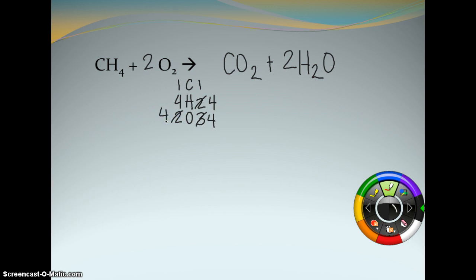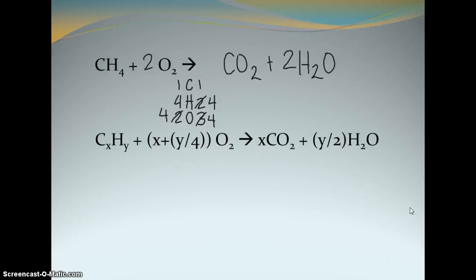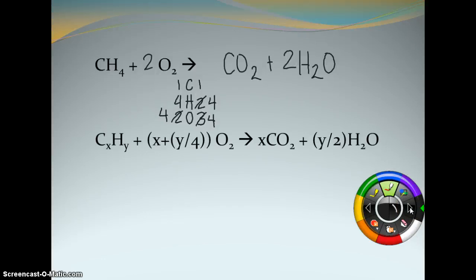There is a formula. This only works for the ones that are hydrogen and carbon, hydrocarbons, with no oxygens in that compound. If you take the subscript in your hydrocarbon, you can apply it to the rest. Carbon's subscript was a 1, so that means in front of the CO2 is going to be a 1.